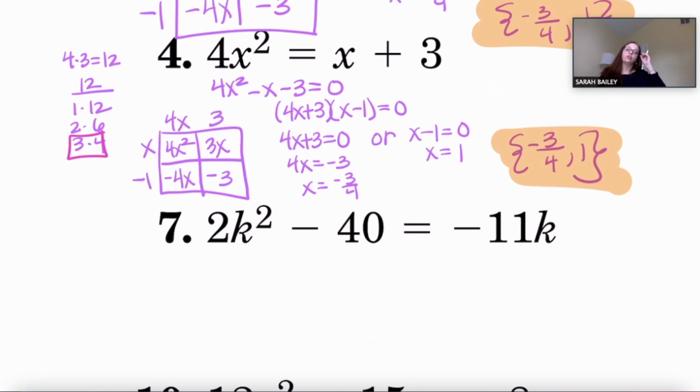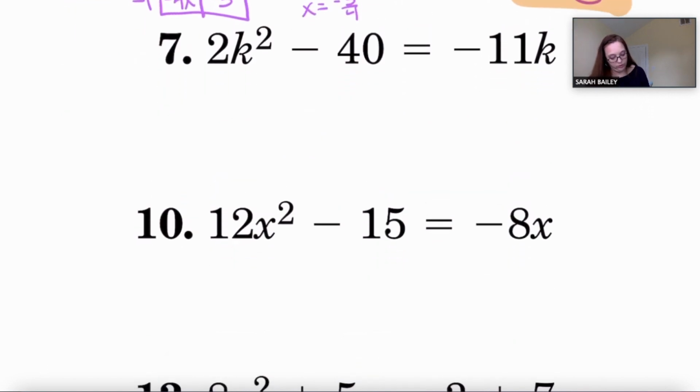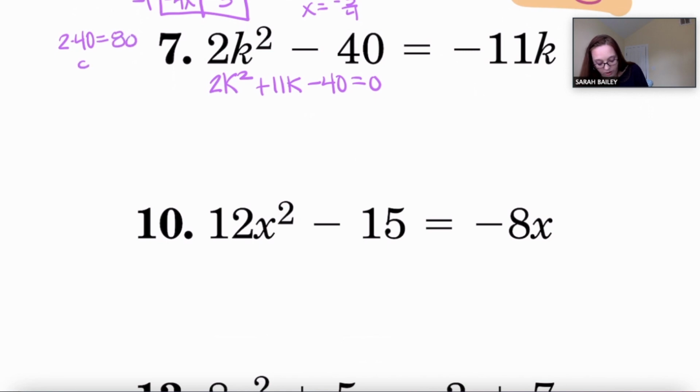Okay, I think we'll just do one more, and then I'll let you do some on your own. All right, let's look at number 7. So that's going to be 2k squared plus 11k minus 40. Okay, and then I'm going to do 2 times 40, which is 80, and then list out the factors of 80. 5 times what?